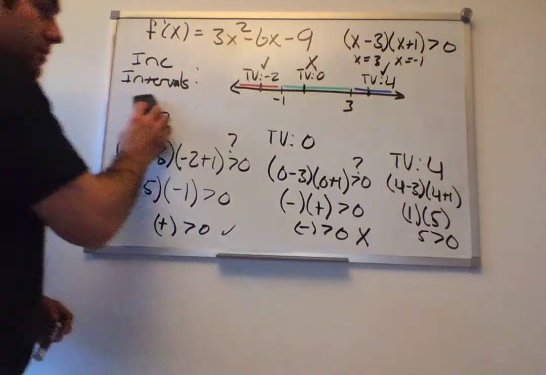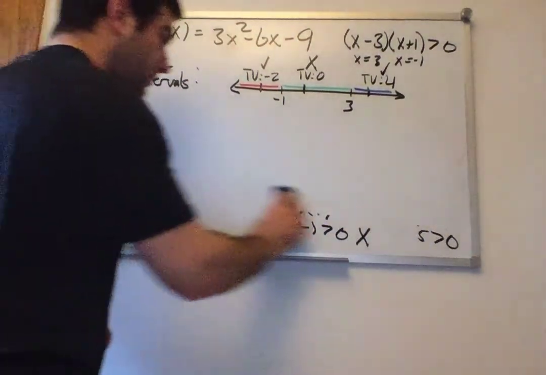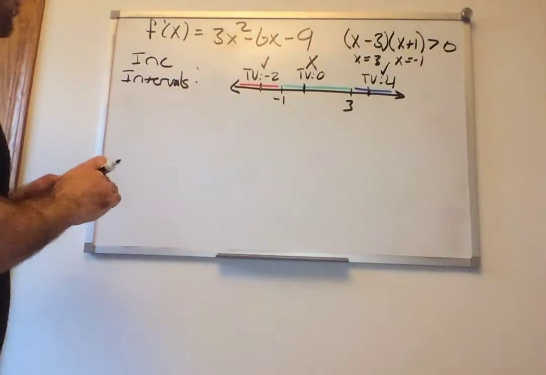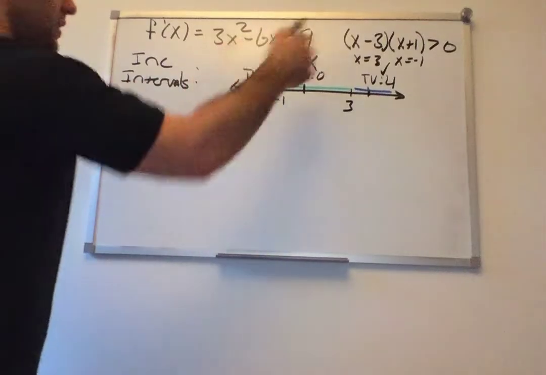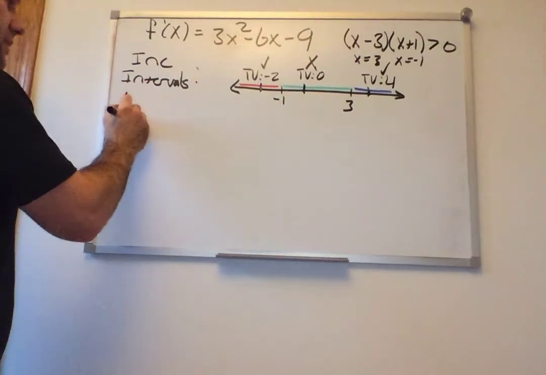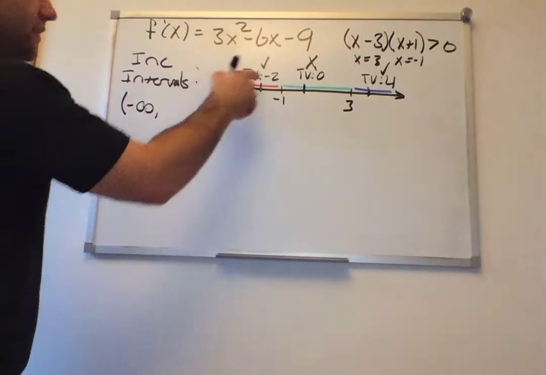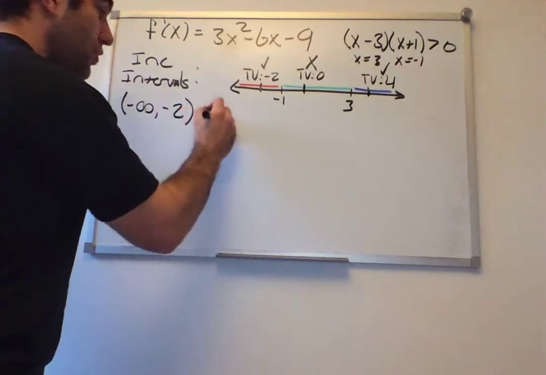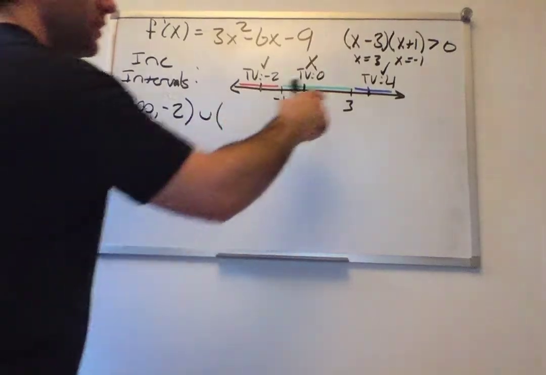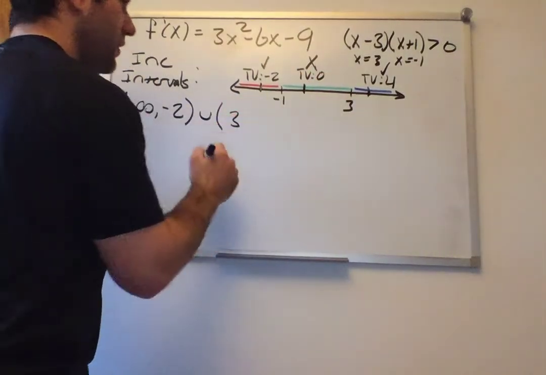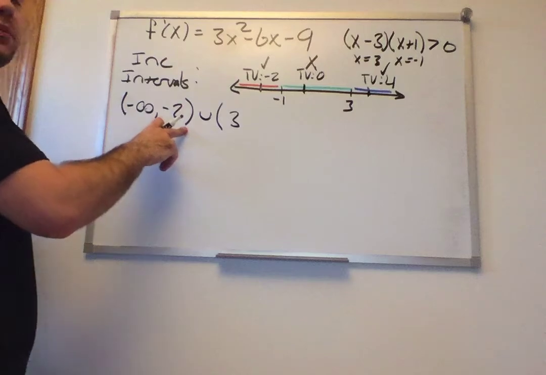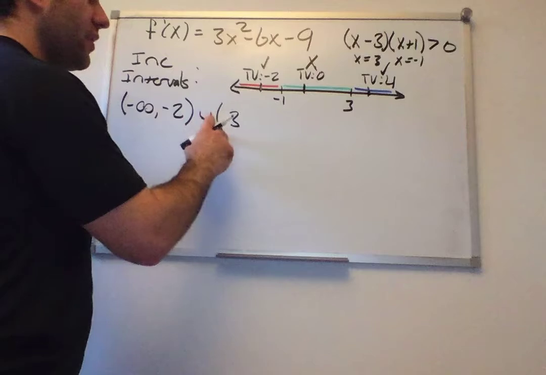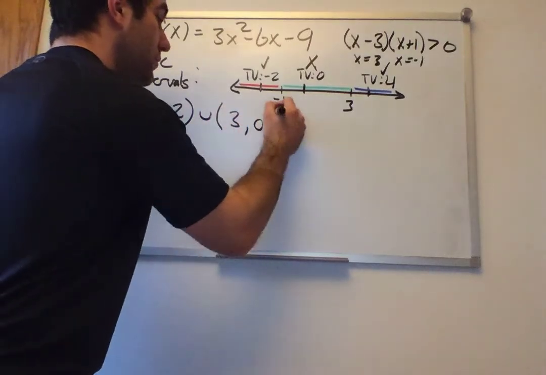So the increasing intervals are the ones that worked. So it's going to be from negative infinity to negative 2 with a bracket, union, and from 3. Sorry, I said with a bracket. I meant to say with a parenthesis, not a bracket. Union 3 to infinity.